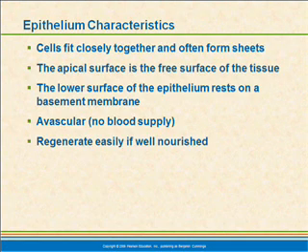A basic characteristic of epithelial tissues is that the cells fit closely together and oftentimes form sheets, again, like our skin. The apical surface is a free surface that is exposed to the external environment. Then we have a lower surface that rests on some connective tissue.